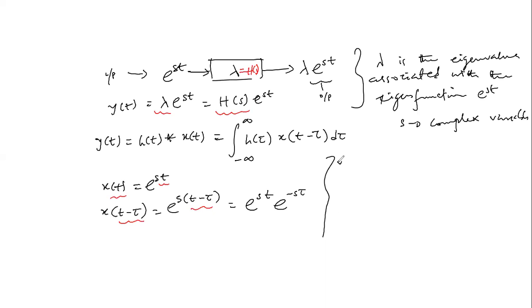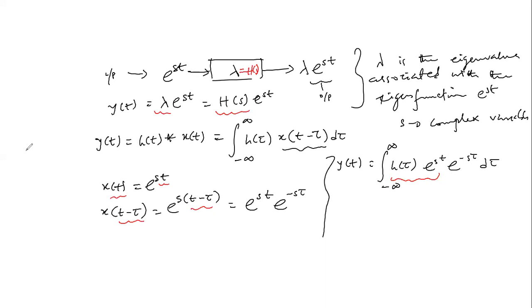So y of t will now be the integral from negative infinity to positive infinity of h of tau, times e^(st) e^(-s tau) d tau. We are integrating with respect to tau, so e^(st) will be a constant.